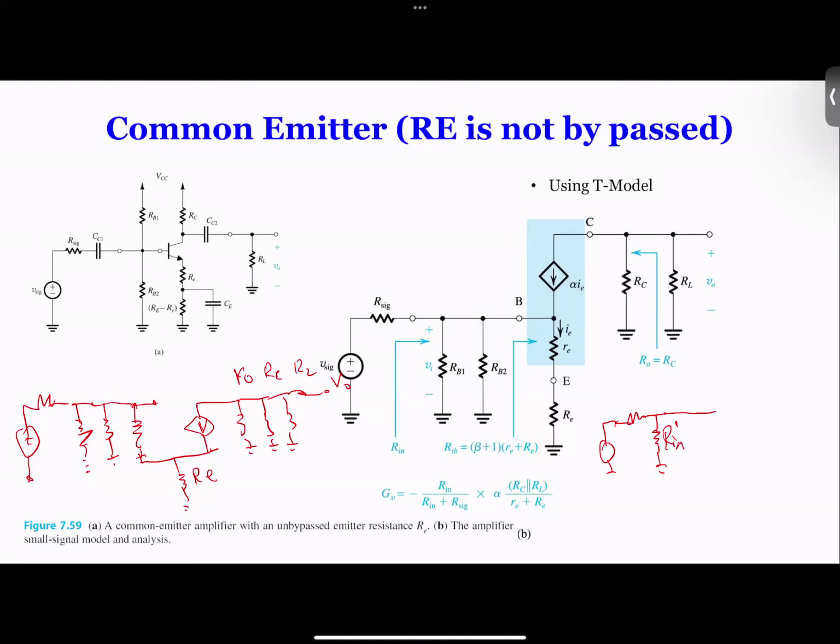Okay, and then they're all in parallel, but here you also have this resistance, current coming here. So now you can use a voltage divider between these two, or can you?